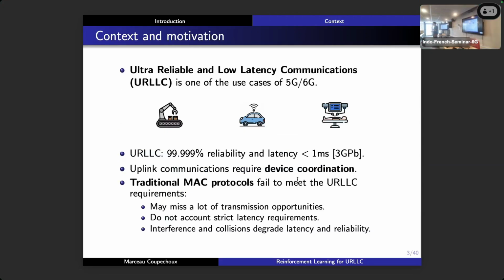In 5G, we have very strict constraints in terms of reliability, 99.999%. And there is a specific difficulty for the uplink communications from the devices to the base station. Why? Because the base station has no information about the buffer and the channel of the devices, and has to coordinate the devices.